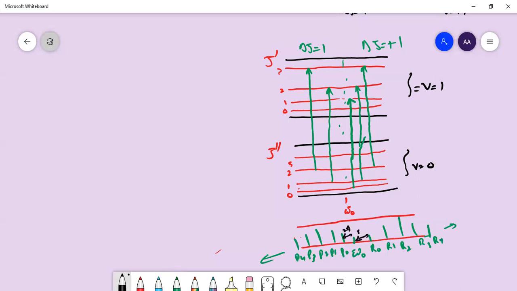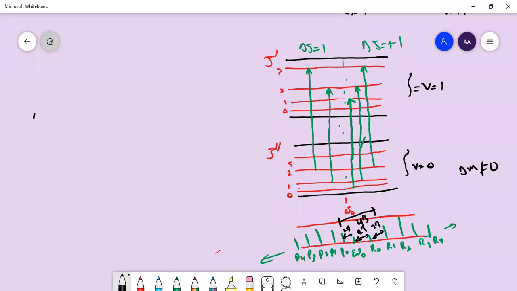Between these two is 2B, and between these two is 2B. So the gap between your R naught and P naught is 4B, because the line at our band origin center will not arise due to the condition that delta M should not be equal to 0. So this is how we can get the vibrational rotational spectrum of a rotating vibrating diatomic molecule.